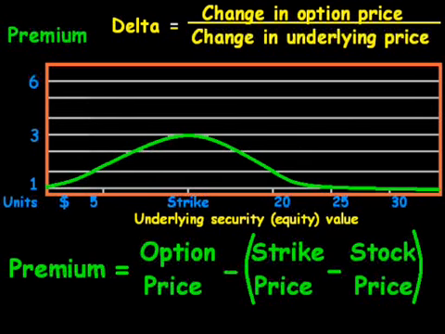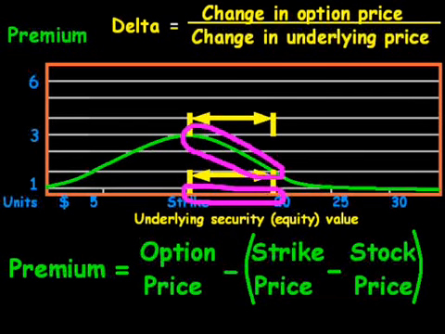Now we're going to take a look at delta here, and delta is essentially the change in the option price divided by the change in the underlying price. I have some yellow arrows I've drawn there, and I've circled the corresponding parts on the graph.